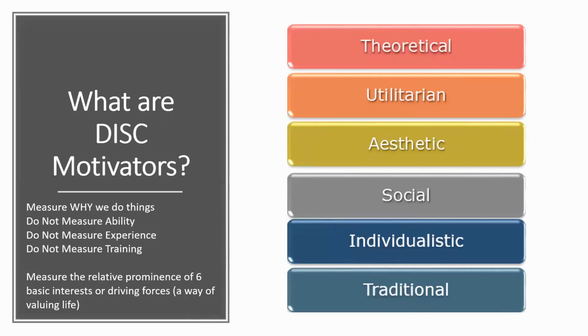They don't measure our ability. They don't measure our intelligence. They don't measure our experience. They don't measure our training or certifications. They simply measure the relative prominence of these 6 basic interests or driving forces, the way that we value life: theoretical, utilitarian, aesthetic, social, individualistic, and traditional.